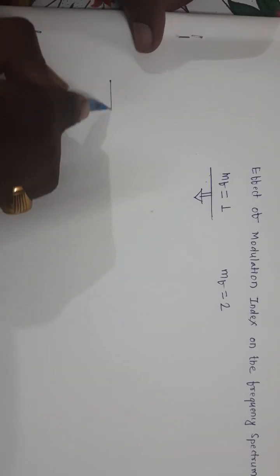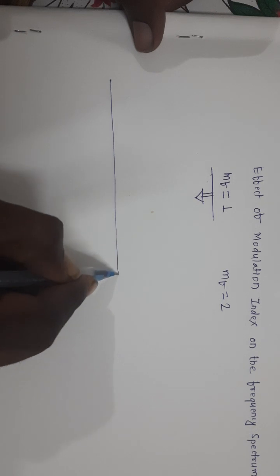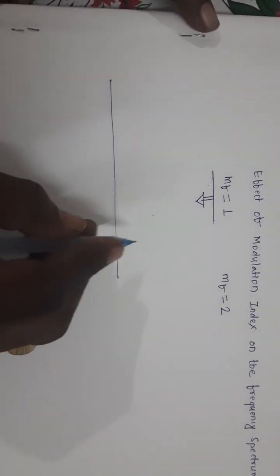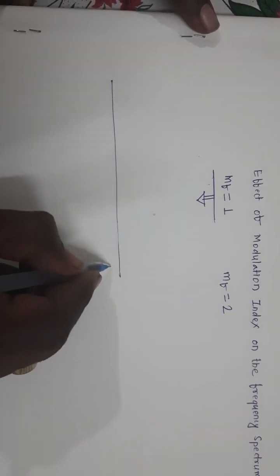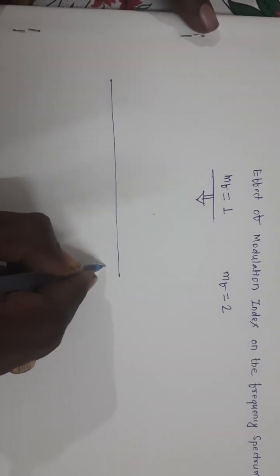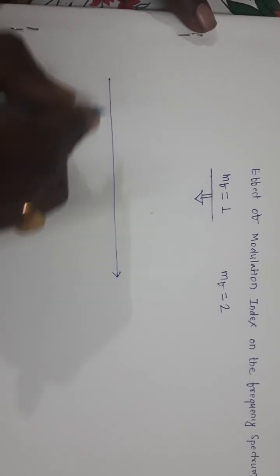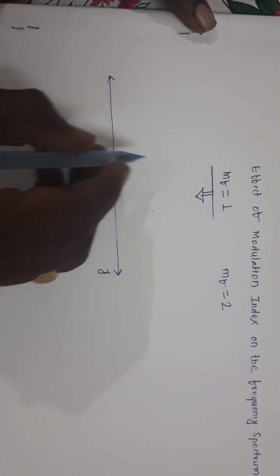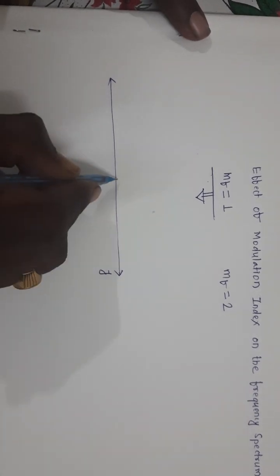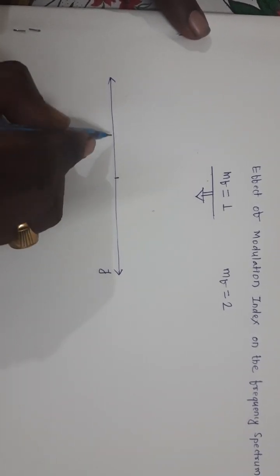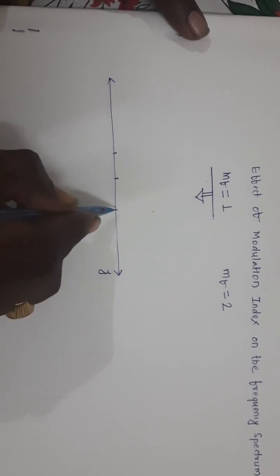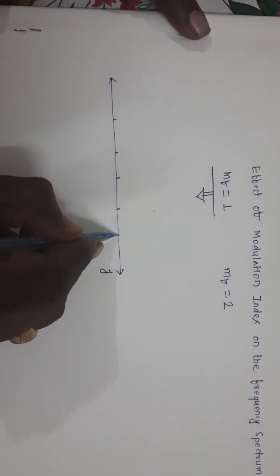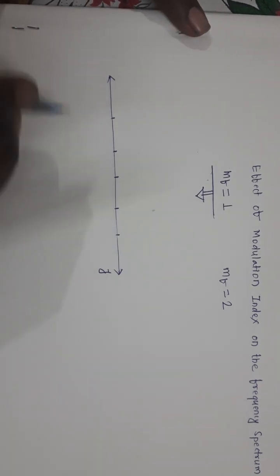As per our description, in the frequency domain representation the x-axis is frequency and the y-axis is amplitude. This amplitude has a major role in deciding the significant bands.